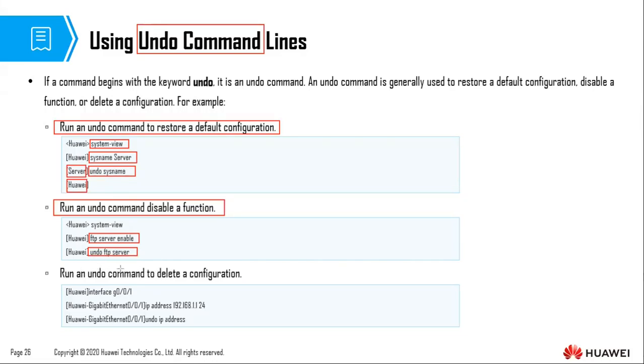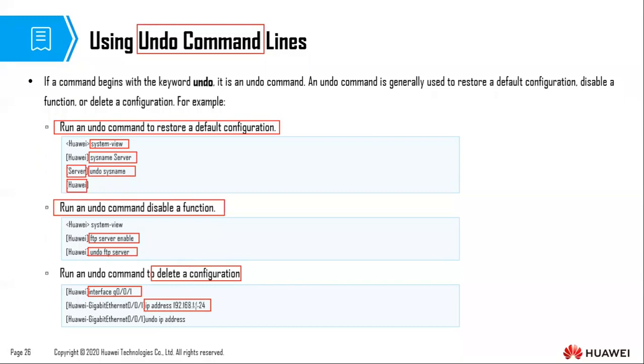We can also use the undo command to delete a configuration. One of the configurations that you might need to delete regularly during the labs is the IP address. So for example, you've gone into an interface G0/0/1, then you've typed IP address 192.168.1.1 space the mask 24.